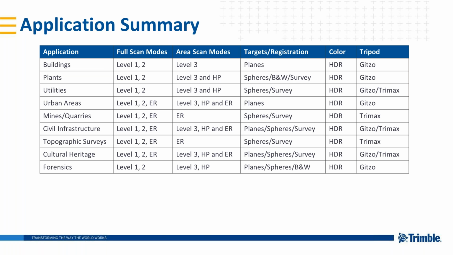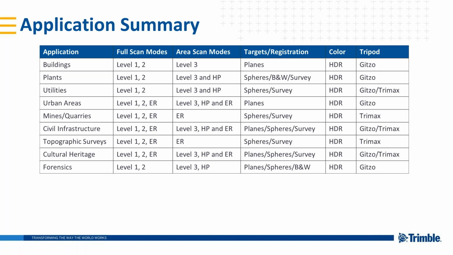Okay, so concerning the full scan modes, level 1 and level 2 are my go-to scan mode for full scans, and some applications may also require extended range scans. I also like the idea of using the level 2.5 when you need higher density full scan without the extended range.